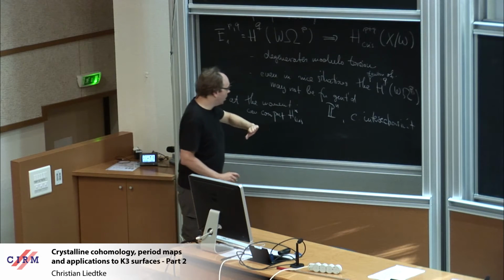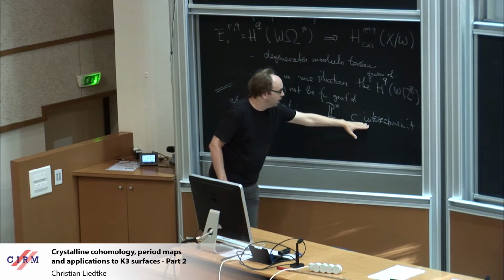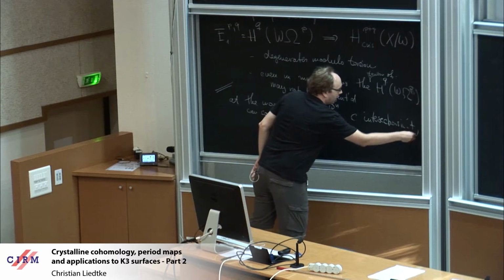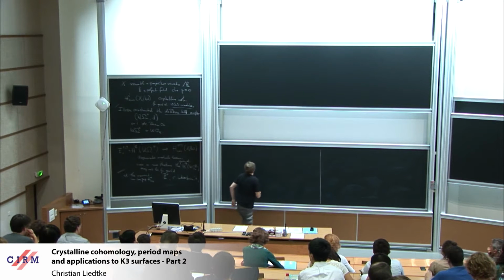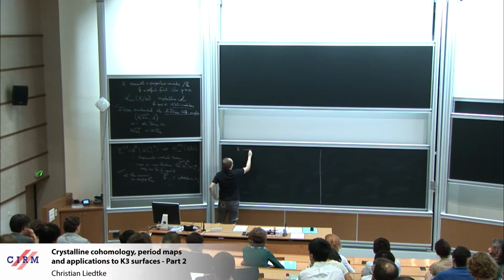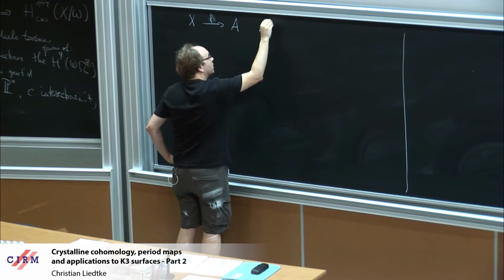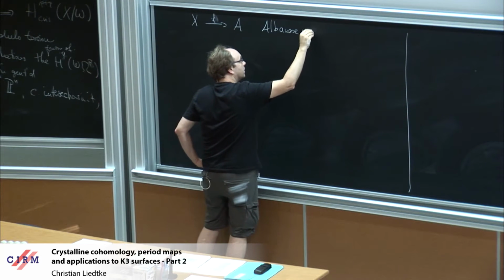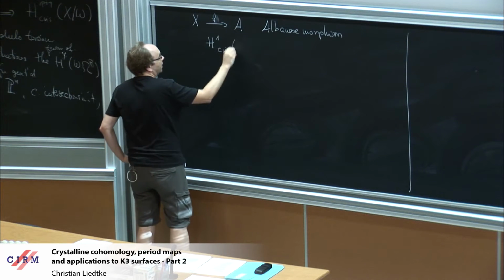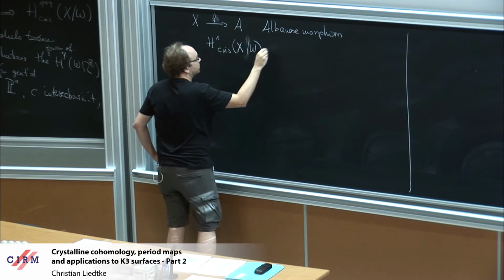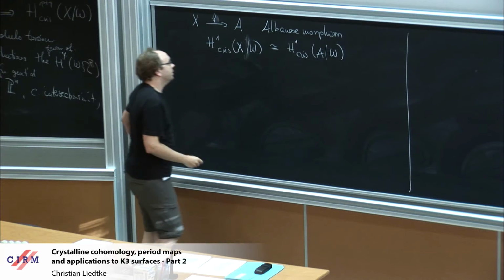Coming back to crystalline cohomology, we can compute it in terms of lifts: we can lift projective n space, and we can lift complete intersections. Let me also say, simply to give you an impression, that if you have X to A, the Albanese map, then H1 crystalline of X is kind of the things you would expect to have.